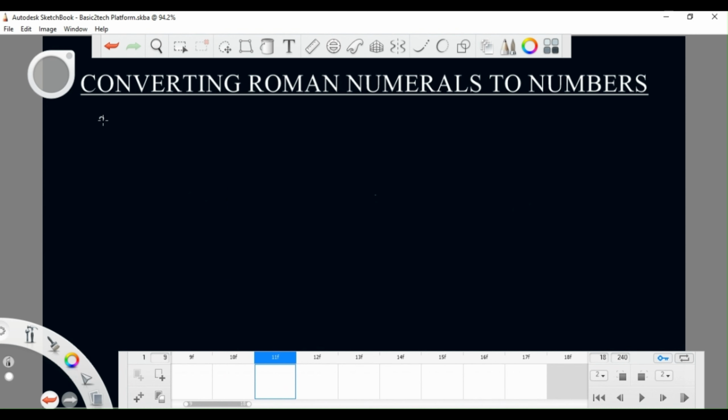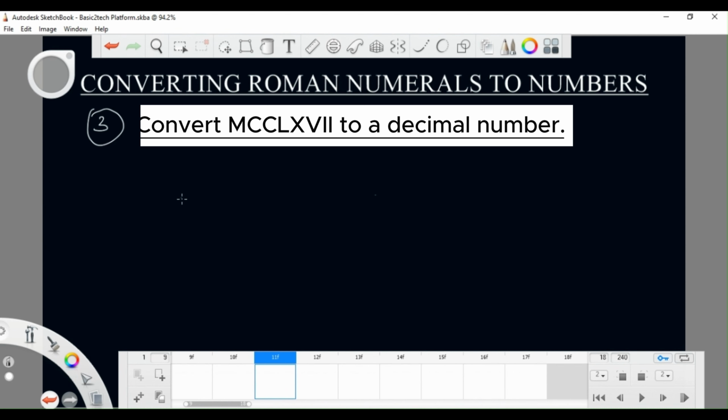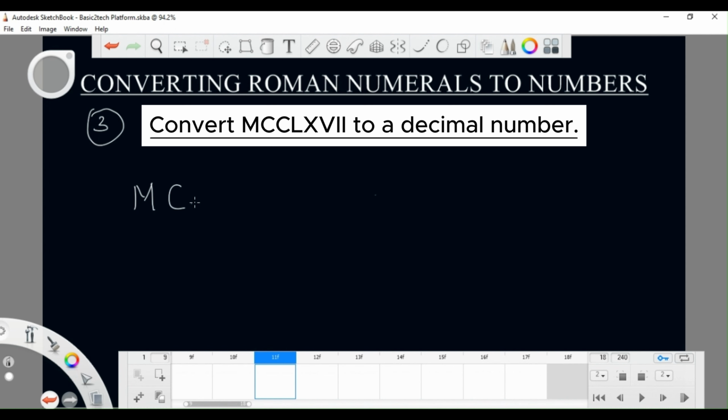Question number 3. It says convert MCCLXVII to a decimal number. So we have M, C, C, L, X, V, I, I. Now remember, our M is 1,000, plus our CC is 200.